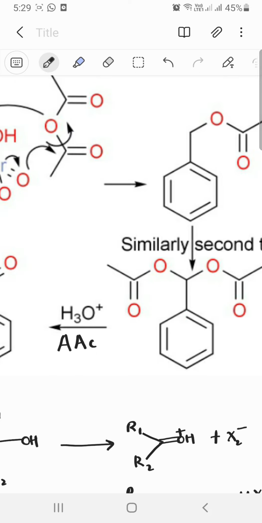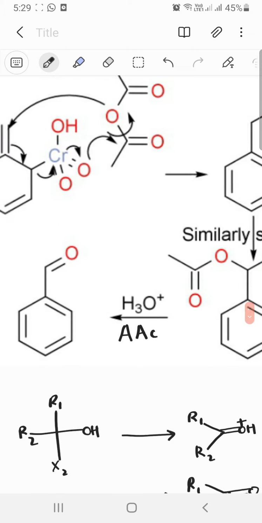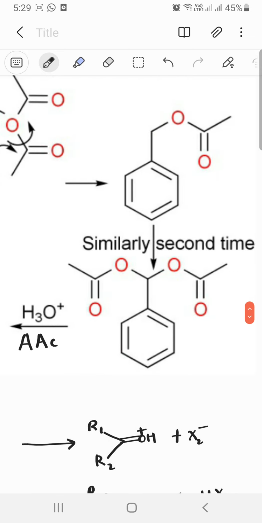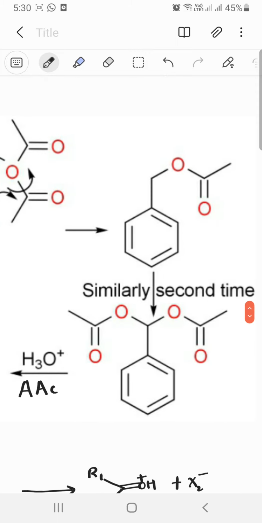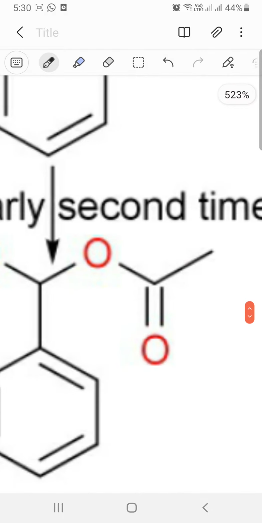Yeah, that looks correct. Yes, that's correct. Acid catalyzed. Hey, is that even acid catalyzed? Okay, wait. Something's not right. Wait a second.